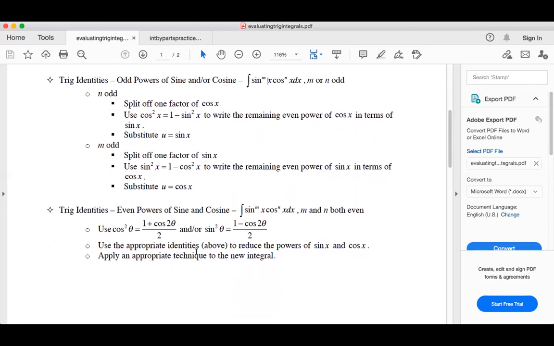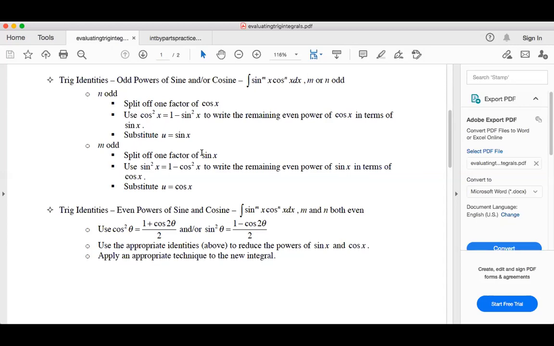So this says I can integrate using trig identities. We actually did one of these already, an odd power of sine or cosine. If you have a product that involves sines and cosines, and either of these powers is odd, you can evaluate this integral by splitting off a factor of cosine or sine, depending on which one is odd.